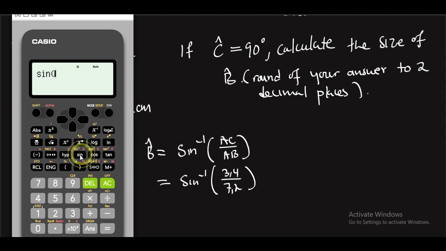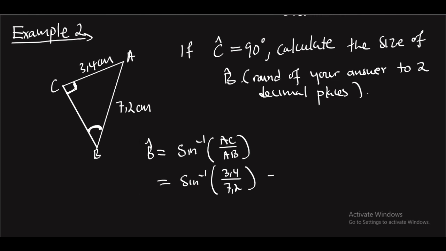Arc sine of 3.4 divided by 7.2. Okay, and then what is the answer?